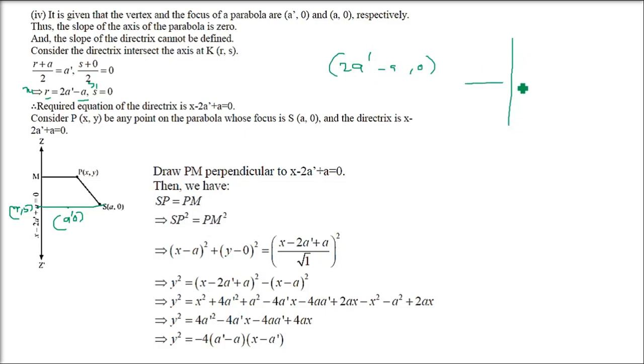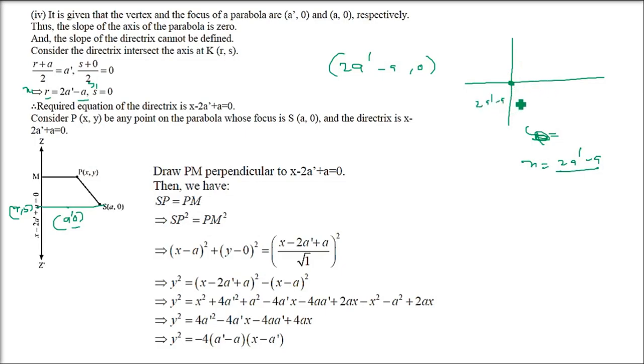Since x is coming as 2a dash minus a, this is the y-axis direction actually, so it will only come as x equals something. So the equation of the directrix will be x equals 2a dash minus a, and this is the equation of the directrix.